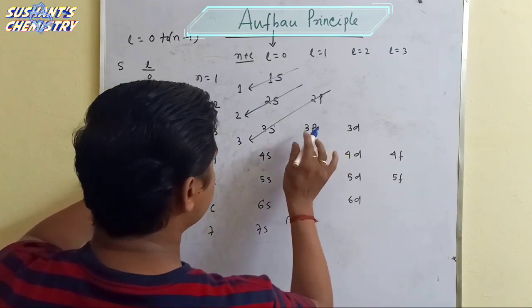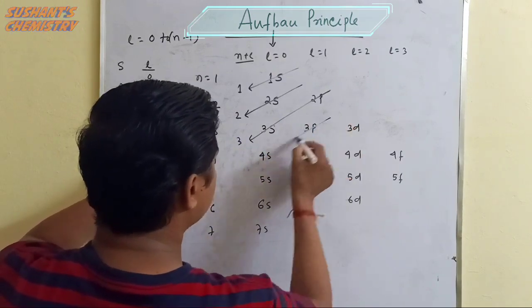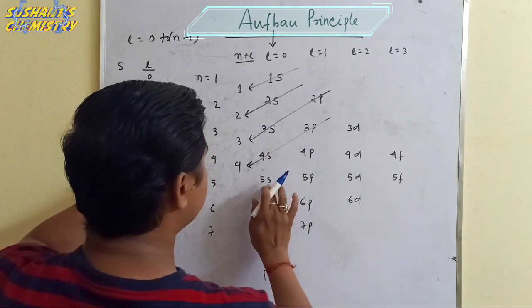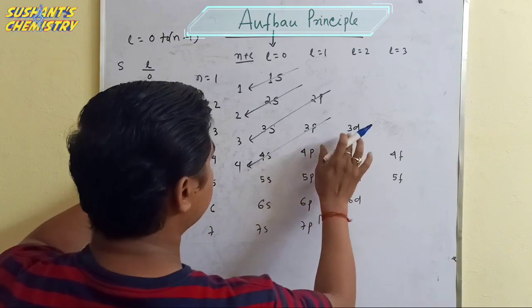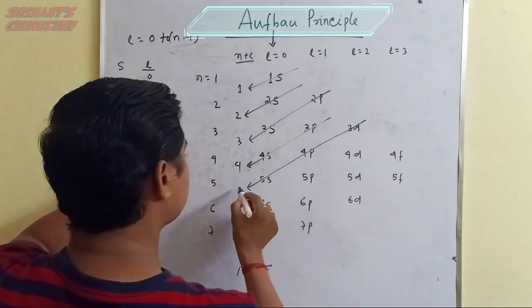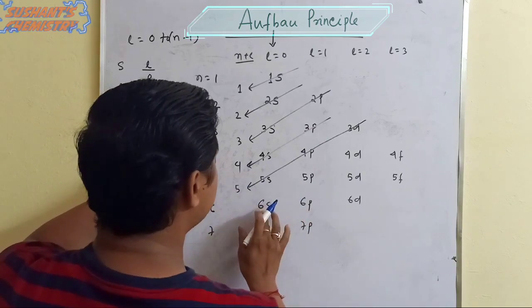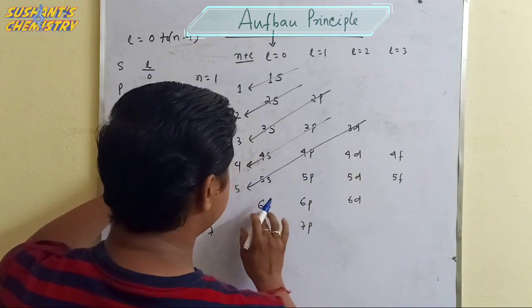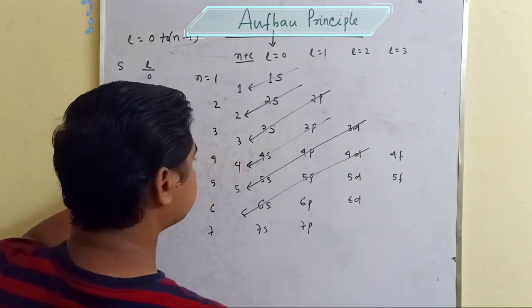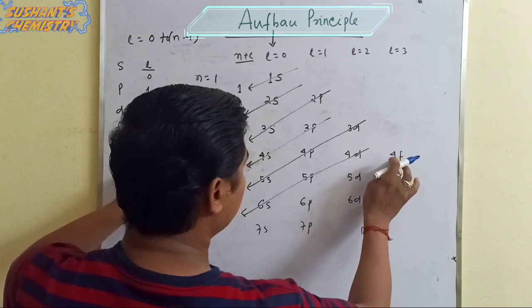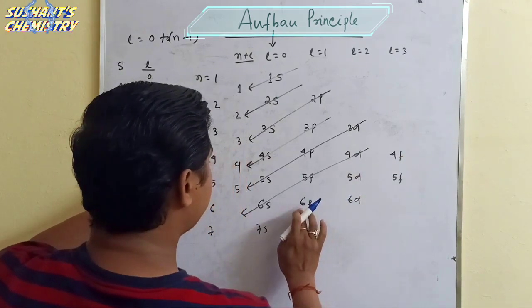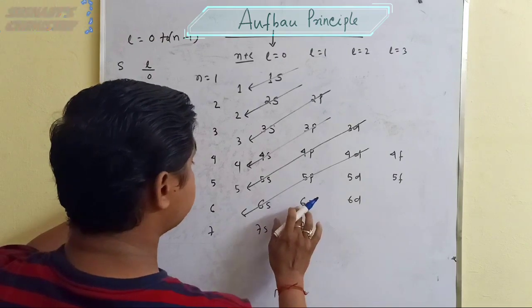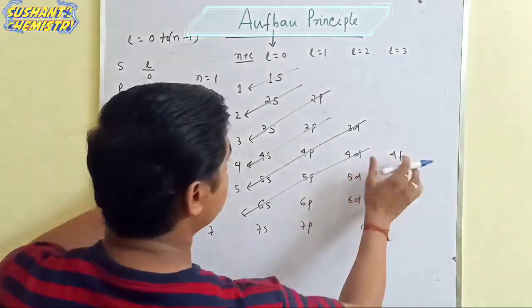For 3p and 4s, 3 plus 1 is 4, 4 plus 0 is 4. Similarly, for 3d, 4p and 5s: 3 plus 2 is 5, 4 plus 1 is 5, 5 plus 0 is 5. For 4d, 5p and 6s: 4 plus 2 is 6, 5 plus 1 is 6, 6 plus 0 is 6. For 4f, 5d, 6p and 7s: 4 plus 3 is 7, 5 plus 2 is 7, 6 plus 1 is 7, 7 plus 0 is 7.